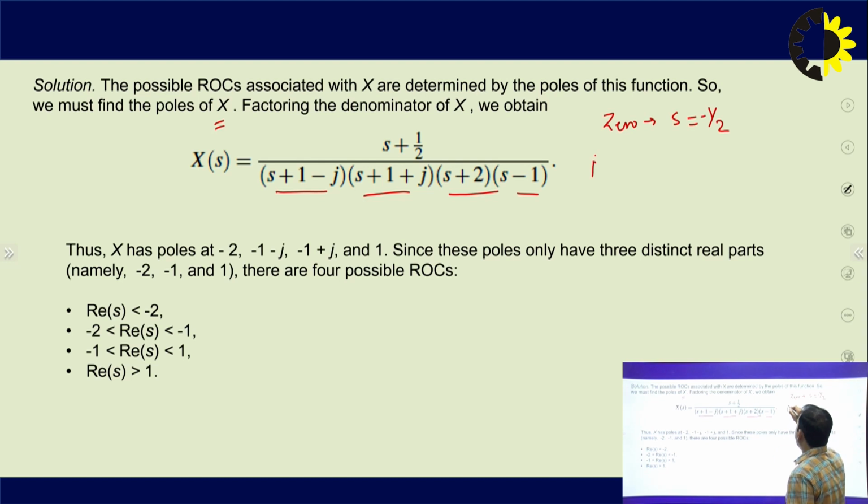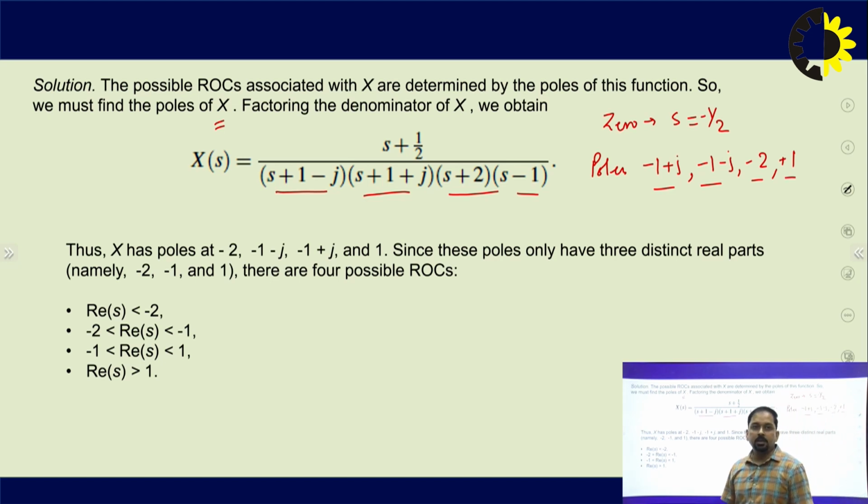Similarly, the location of poles is where the denominator equals 0. So the locations will be -1 plus j, -1 minus j, -2, and +1. So we have four poles.